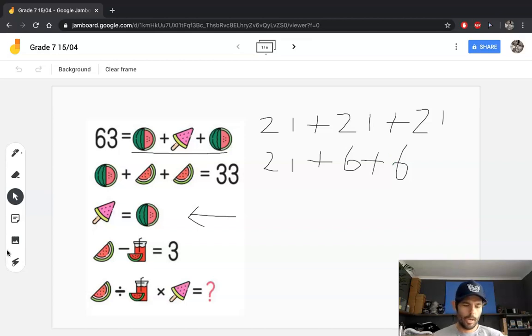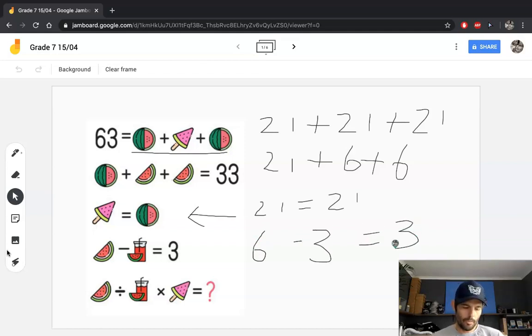We know here that 21 is equal to 21. Apologies for the shortness of my ones, I'm still using my trusty finger. So we know that the slice of watermelon is 6. It must be minus 3 to give me 3.